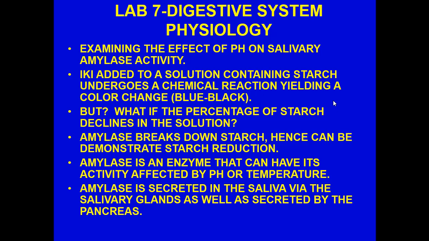Salivary amylase, once it gets into the stomach, because the pH is so incredibly low, becomes denatured, inactive. Okay, the pH in the stomach is approximately 2.0. Body temperature doesn't have an effect on amylase, but if you put it in extreme cold, such as freezing water, that is a possibility to inhibit its activity.